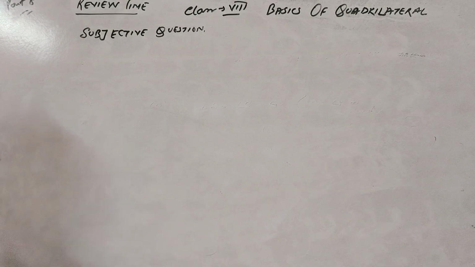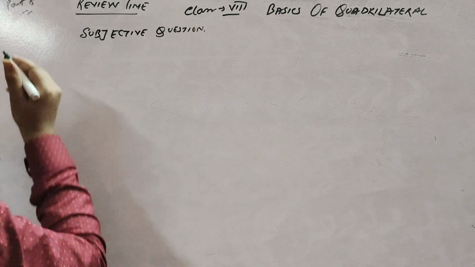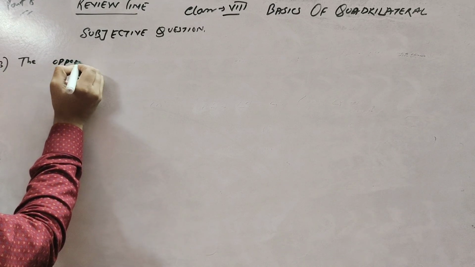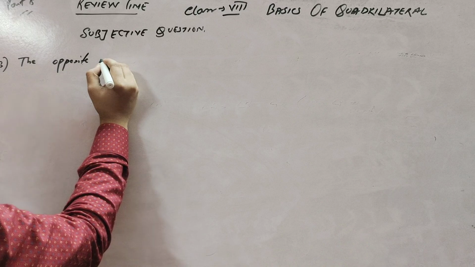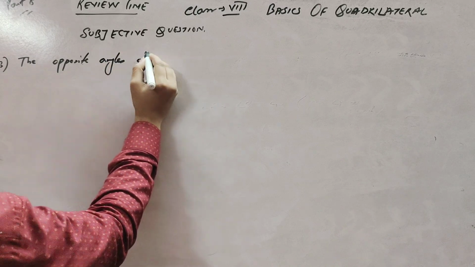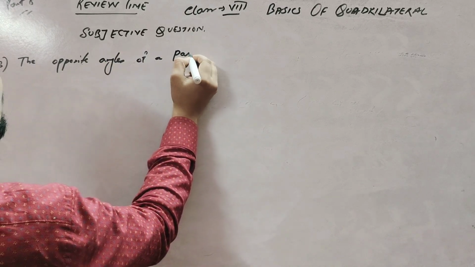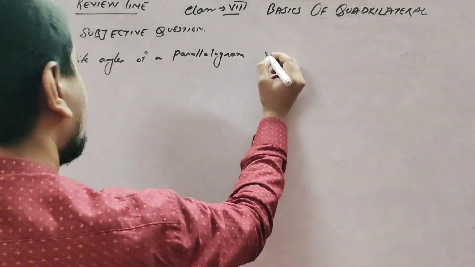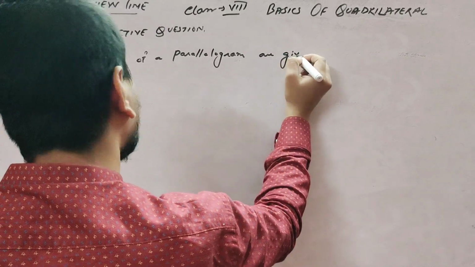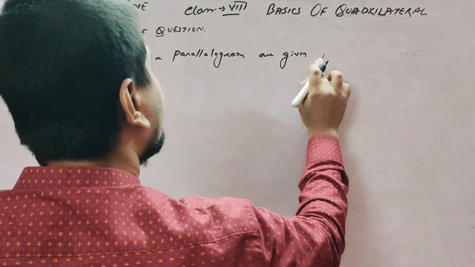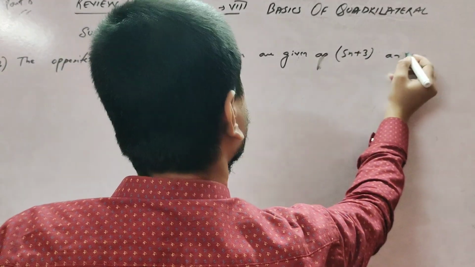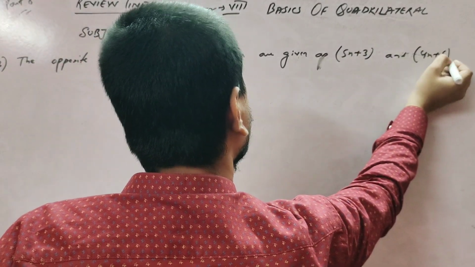Now question number 3. The opposite angles of a parallelogram are given as 5x plus 3 and 4x plus 6.